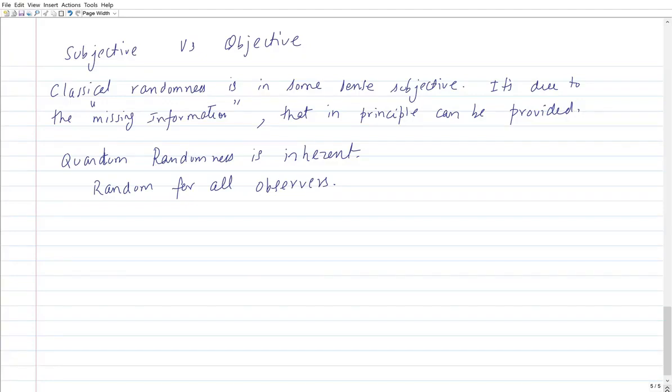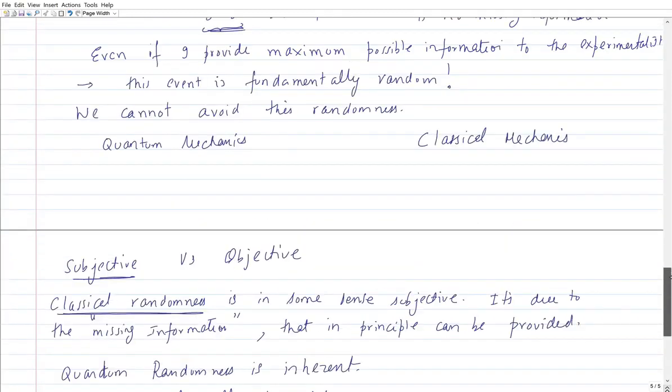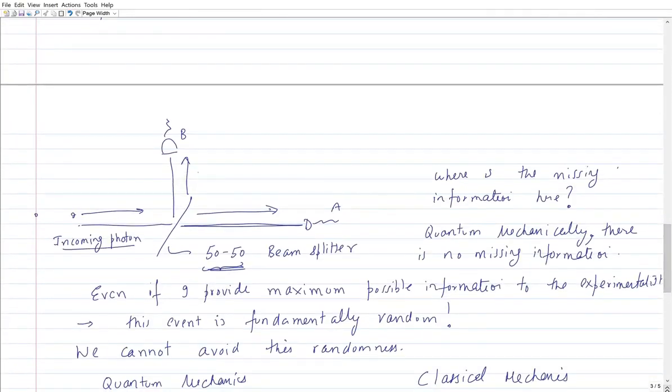So there is a subjectivity associated with classical randomness or classical physics, and that is because of the subjective knowledge of different observers. What we have seen quantum mechanically, even if I supply the maximum possible information to the experimentalist in this experiment, I cannot avoid the randomness.